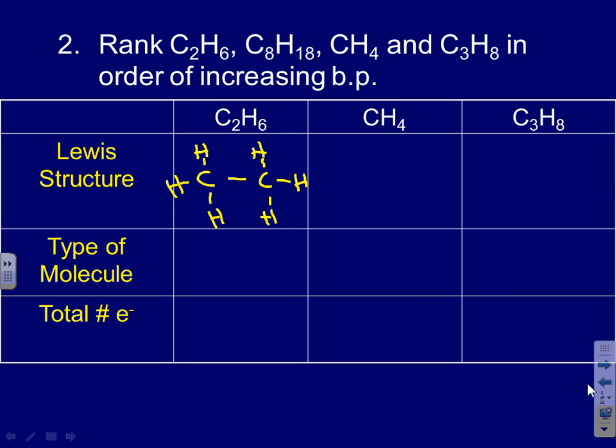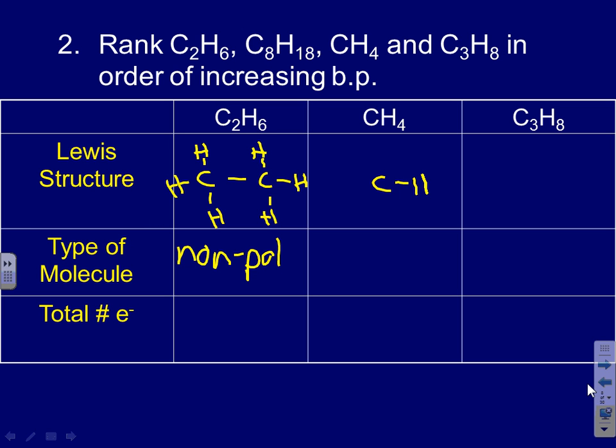I'm not worried about the 3D Lewis at this point. Remember the delta EN was about 0.3 something, which was greater than our 0.2, but less than our 0.5 that the new textbook has. So according to the new textbook, those are all nonpolar bonds, so we don't even have to worry about symmetry. Nonpolar.